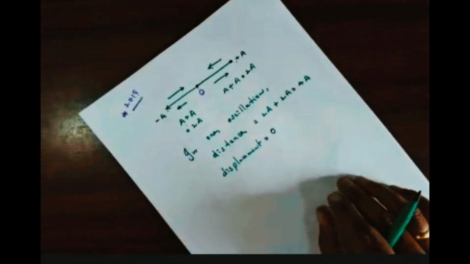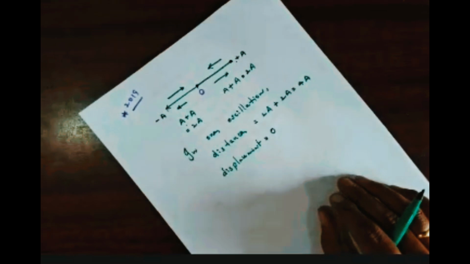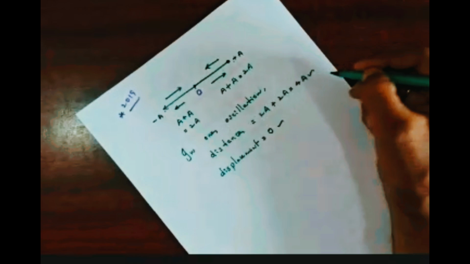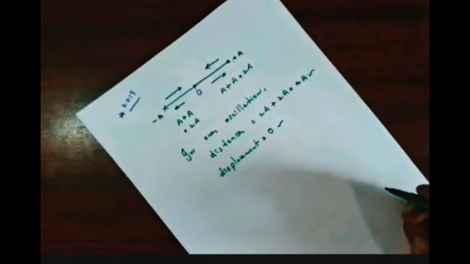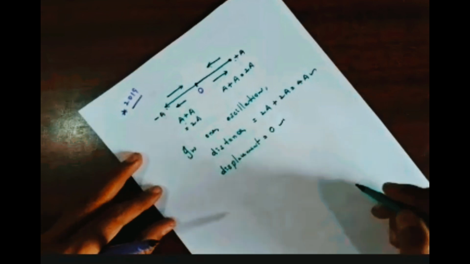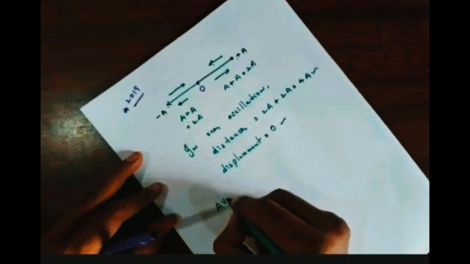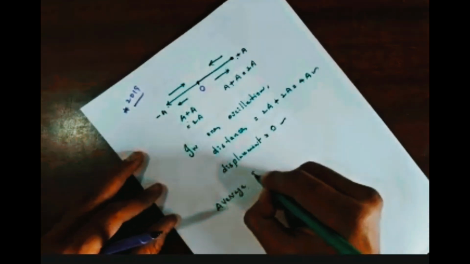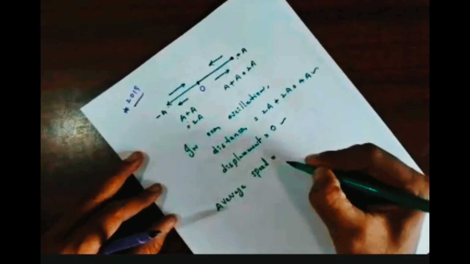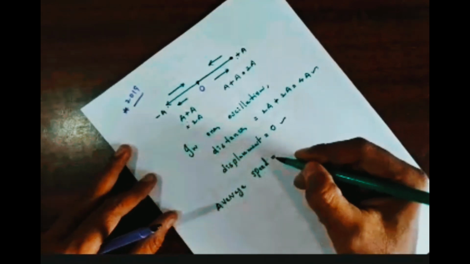Now, during one complete oscillation of a particle, the displacement becomes 0 and the distance is 4A. Then what are the average speed and the average velocity? That we need to calculate.